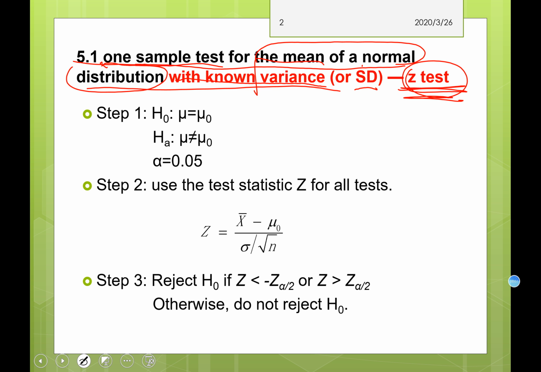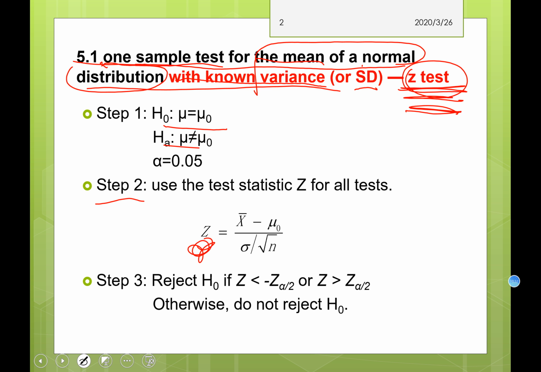Step 1 is to establish H0, HA, and alpha. And step 2 is to calculate the test statistic. Please notice that this method is z-test, so in step 2, we need to figure out the z value.